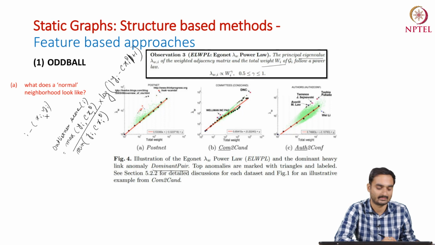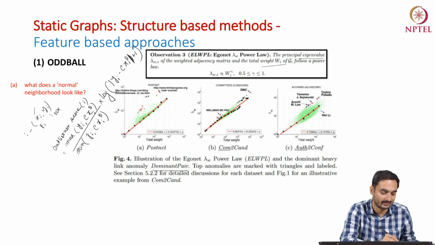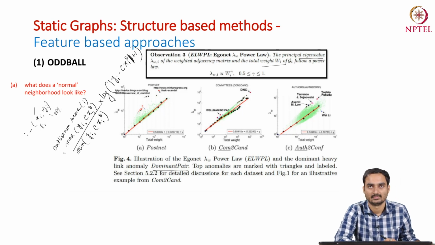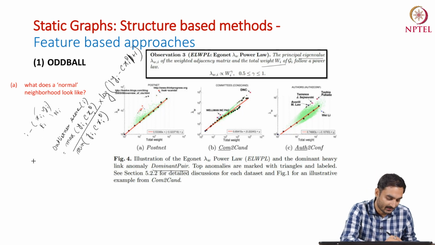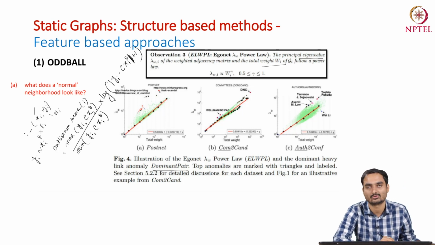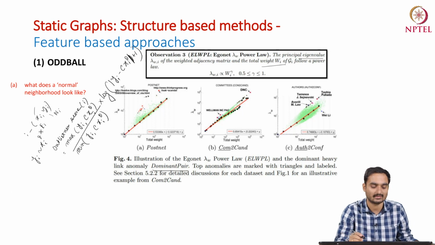Say xi is ei, the number of edges, and yi is ni, the number of nodes. Normally yi and xi should follow a power law, so yi should be proportional to xi to the power theta. Theta is the coefficient; depending on the observation that we mentioned, theta can be anything.